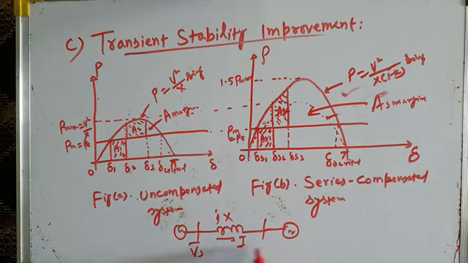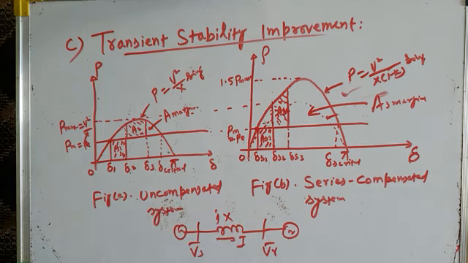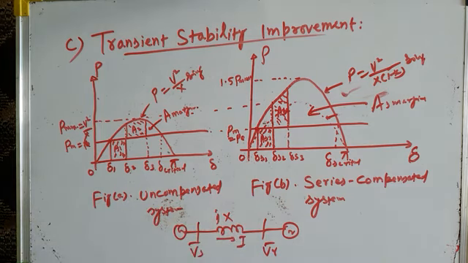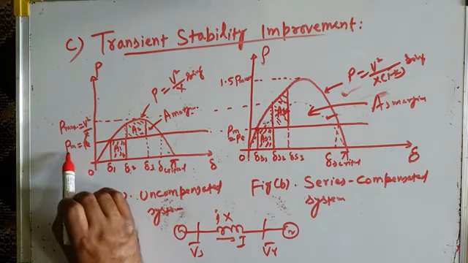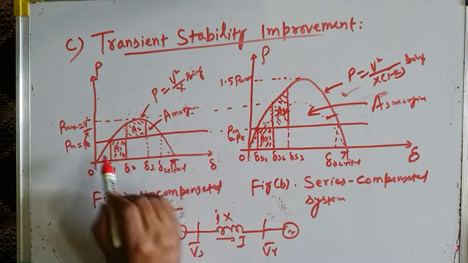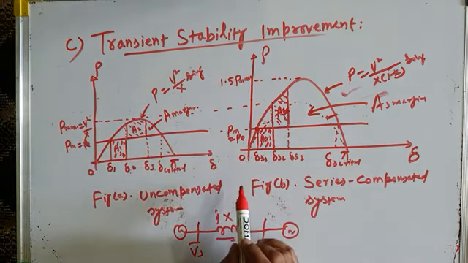This is the sending end voltage, this is the receiving end voltage. The mechanical input provided by the turbine is equal to the electrical output, and that is equal to the electrical power transferred over the transmission line. So there is absolute stability. The system is operating, whether it is an uncompensated or a series compensated transmission system.